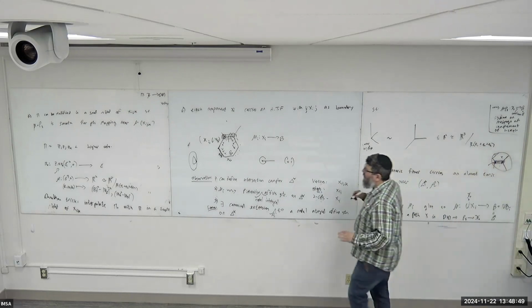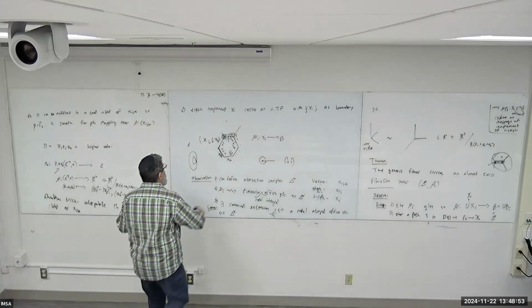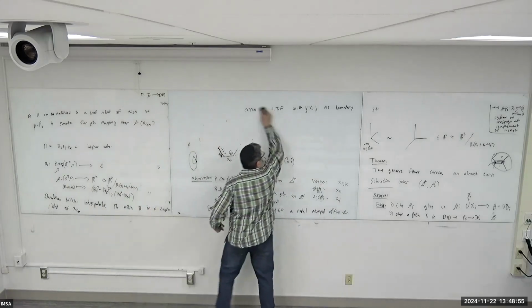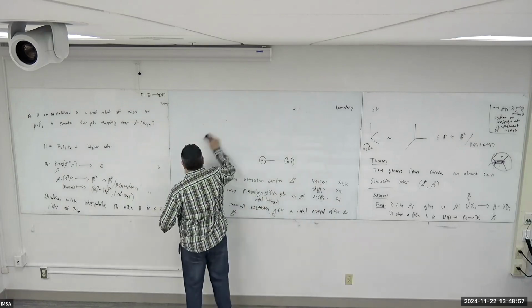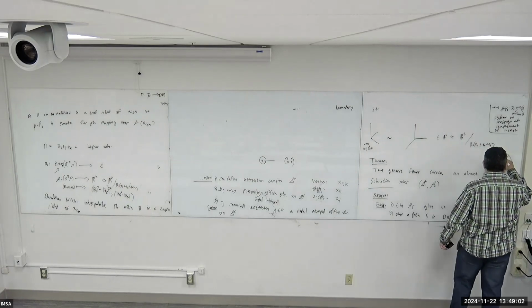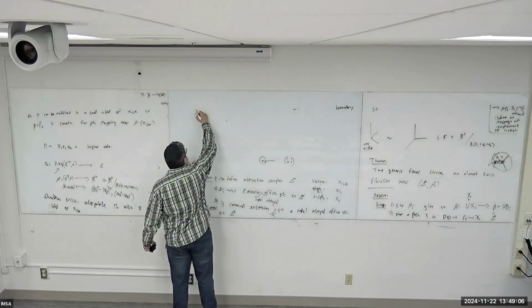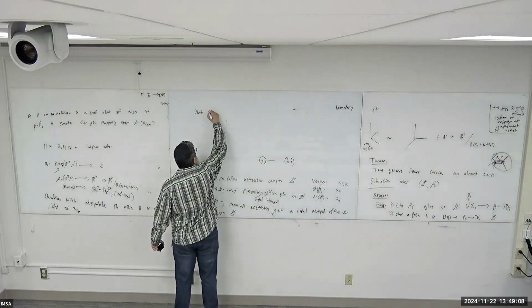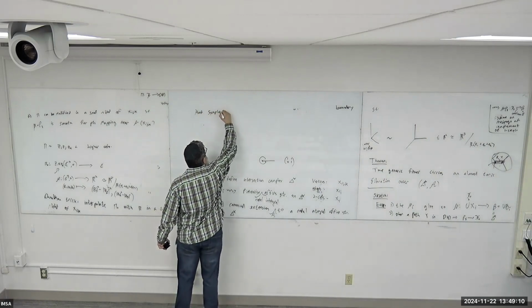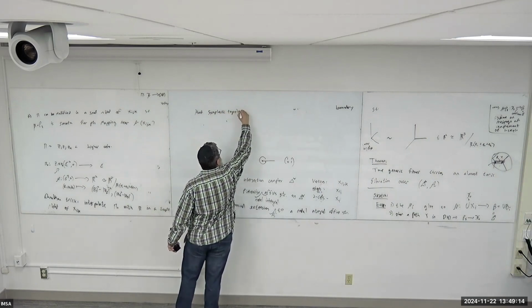Let me just say, I don't have time for the details, but I will just say, using some hard symplectic topology. Let me call this R. When I say hard symplectic topology, it doesn't mean that we worked hard.